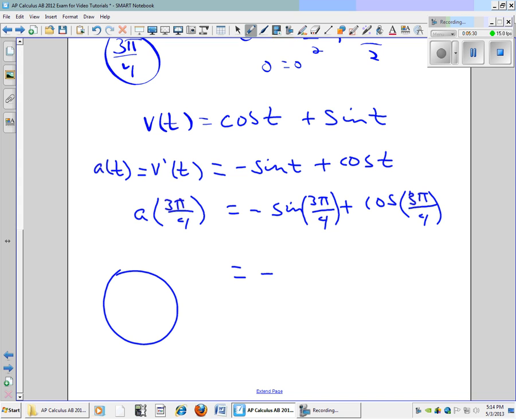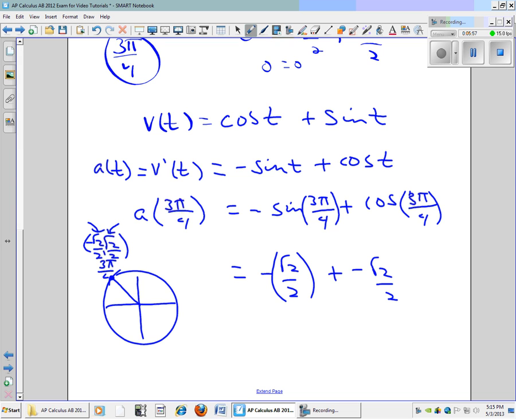And we look at the 3 pi over 4. And we know that's a negative square root of 2 over 2 and a square root of 2 over 2. The cosine is the first one, the sine is the second. So I'll have a negative, and the sine is a square root of 2 over 2. Plus, the cosine is the negative square root of 2 over 2.